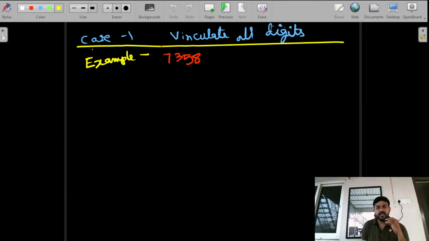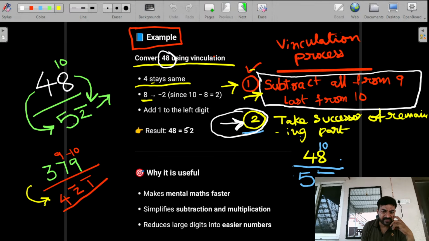So in this vinculation process we have different conditions. If nothing is specified, like in the earlier example where I told you to vinculate, I didn't specify anything. Vinculate only higher digit, vinculate only lower digit, vinculate all digits, I didn't give any conditions like that.